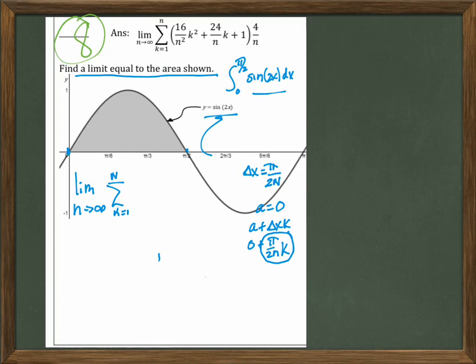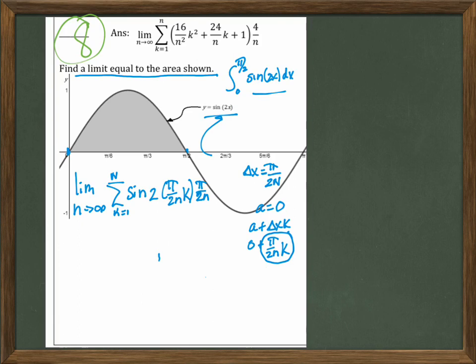So this would be sine of 2 times pi over 2n k. And then times delta x, which is pi over 2n.